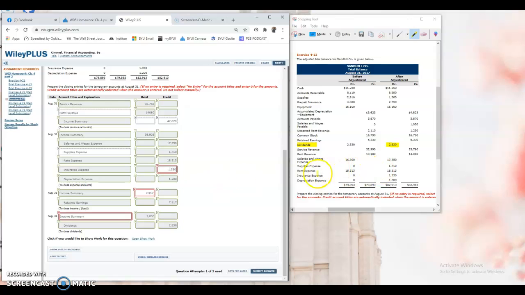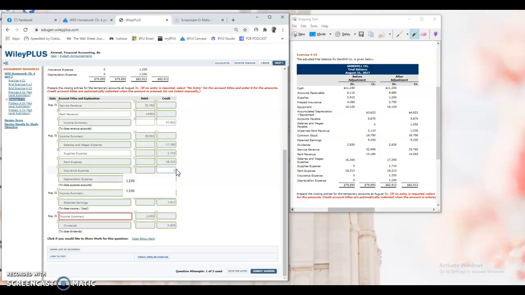Insurance expense. Let me check. 1,330. Oh, I put the dot instead of the comma. Sorry, guys. 1,330. Just make sure to double check the comma. Sometimes it happens to me.